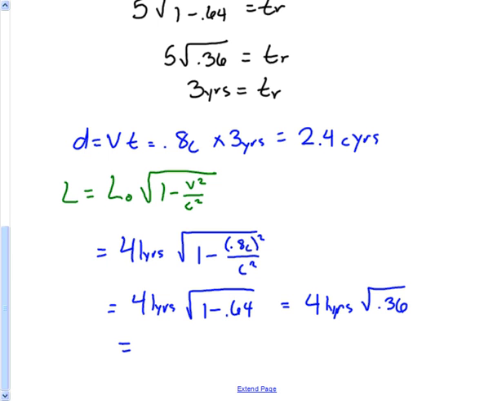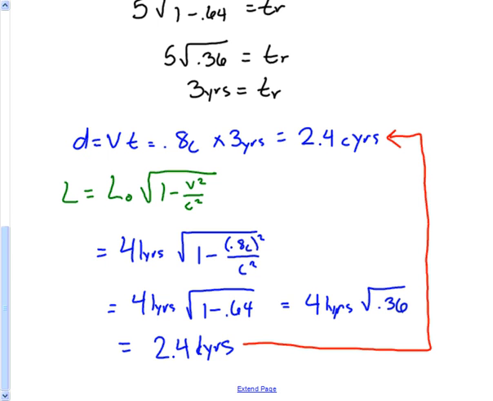If you put all of that into the calculator, you get 4 times the square root of 0.36, which is 2.4 light years. This does indeed match how far the people in the spaceship would have traveled during the 3 years that they are seeing. So the distance between us and Alpha Centauri, according to the spaceship, is 2.4 light years instead of the actual 4.